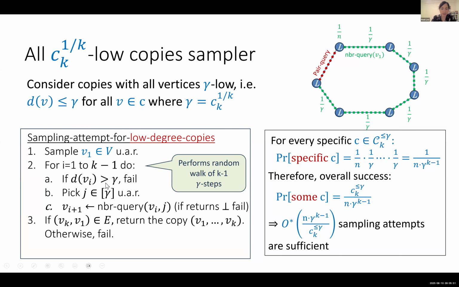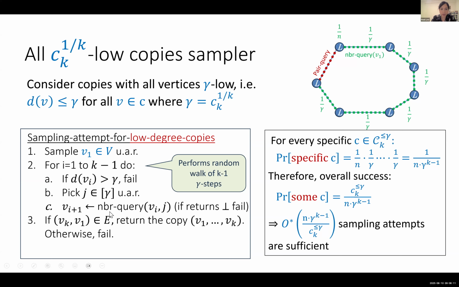If it's greater than gamma, then the sampler fails. Otherwise, we pick an index j uniformly at random from 1 through gamma, and we perform a neighbor query on the pair Vi, j.